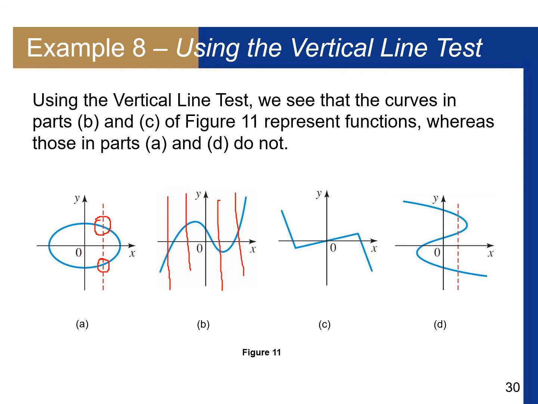And then if I take a look at C, even though I have some areas where I have abrupt changes, I'm still only hitting there one time. But when I get over here to D, I hit it here, I hit it here, I hit it here. So I'm hitting the graph multiple times when I draw vertical lines. So it does not represent a function.